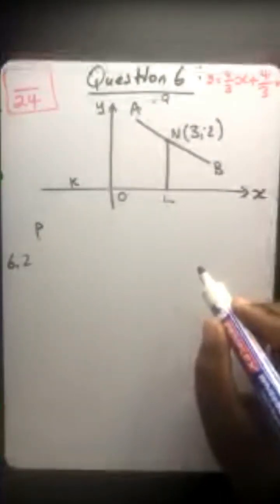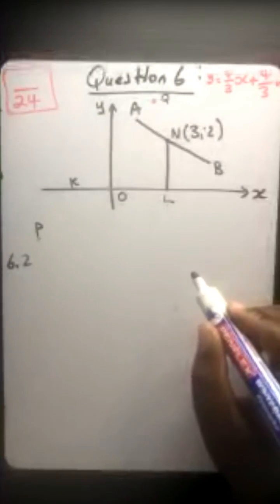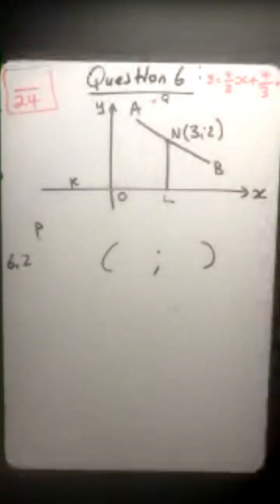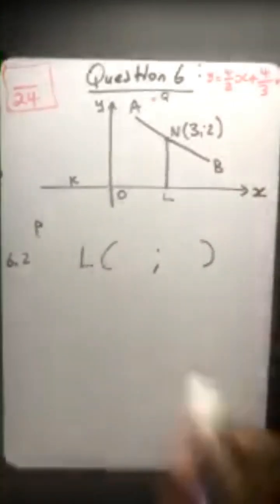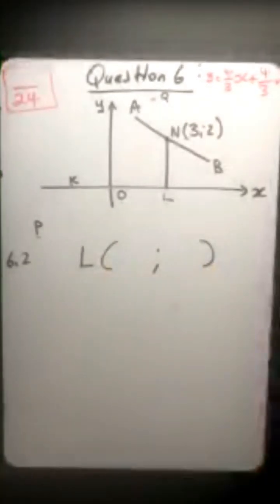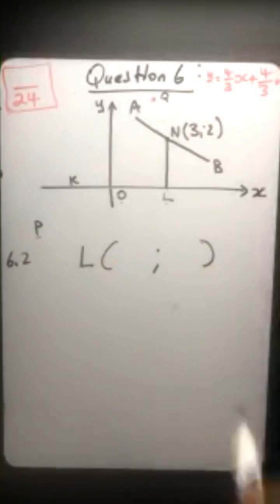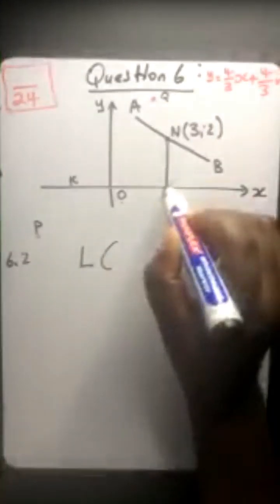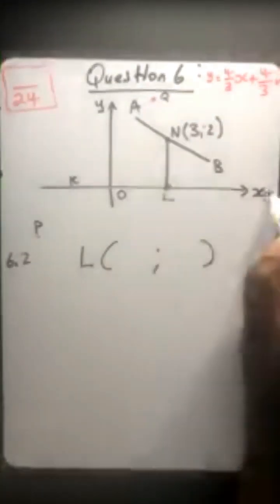Let's see. Determine the coordinates of L. Remember, what does it mean when they say the coordinates? Coordinates are represented in this format. So before you can think of the coordinates of L, you should have that, because that's how you represent the coordinates. Where is point L? Point L is on the x-axis.